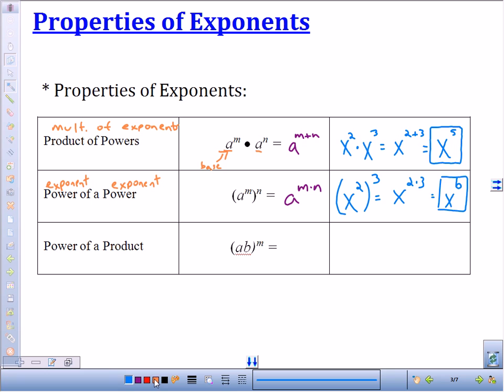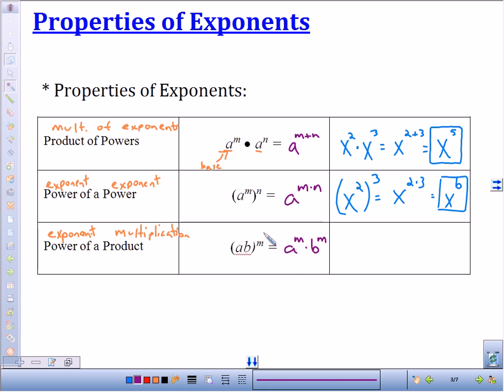Now the next property, the power of a product, is when we have an exponent of multiplication, because product, remember, is multiplication. So if I have the exponent of multiplication, or if I had a times b to the mth power, what that would look like would be a to the m times b to the m.